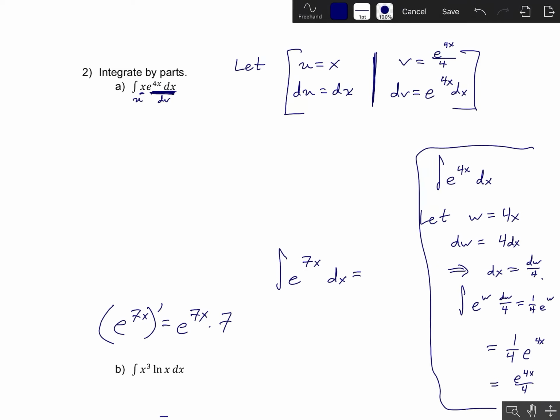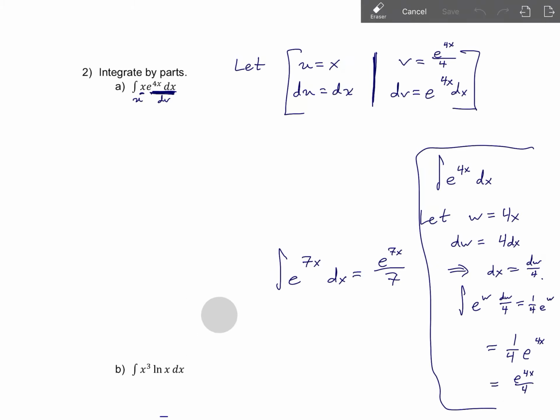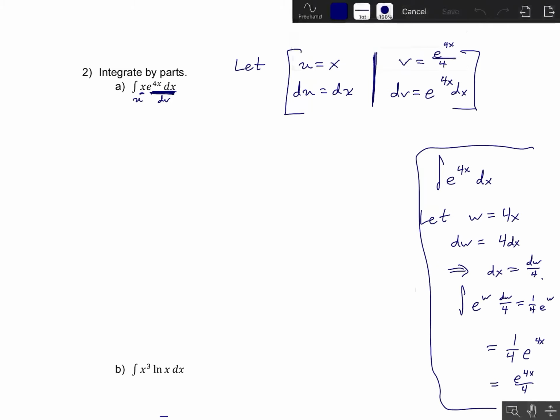If you wanted to undo something like that, then the opposite, or the integral, would be to take the original exponential and then divide by that 7 rather than multiplying by 7. So that can be a good shortcut to just remember that if you're integrating e to a constant times x, then it will just be the same thing, but then divide by that constant, which is the opposite of what you do when you differentiate. There you're just multiplying by the constant. So that's how I got my answer so quickly, but it's always okay to just do the scratch work that I did over here on the side, if that's helpful.